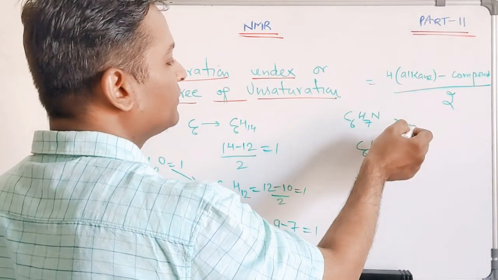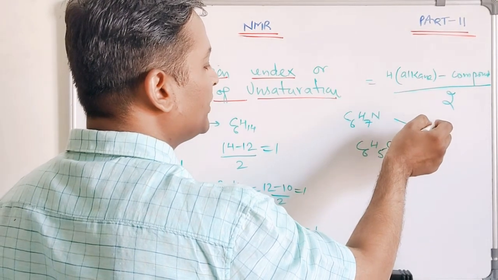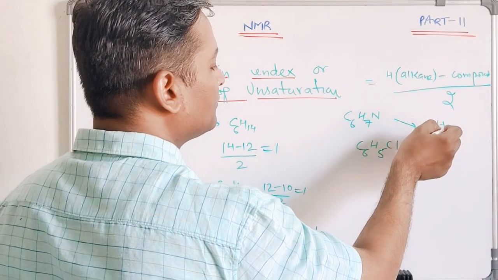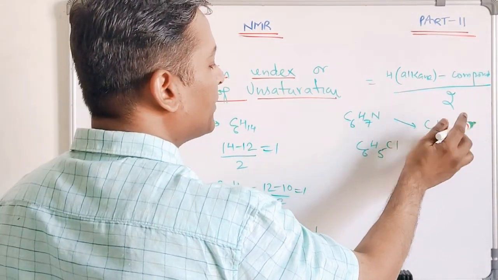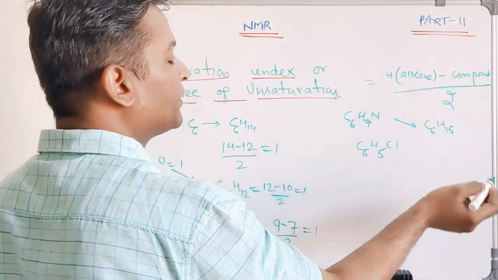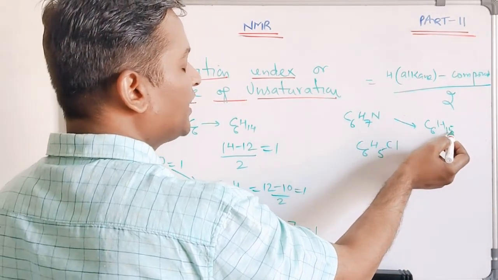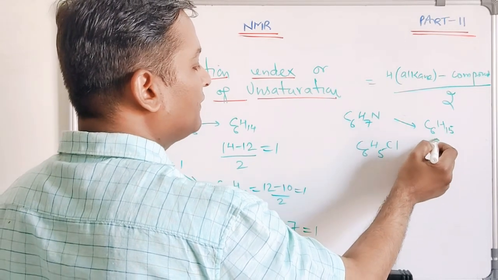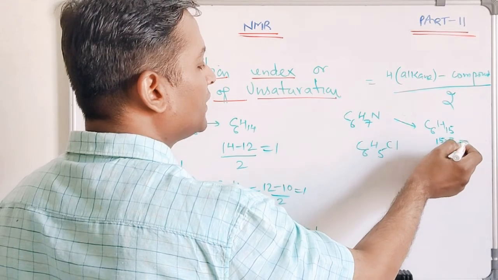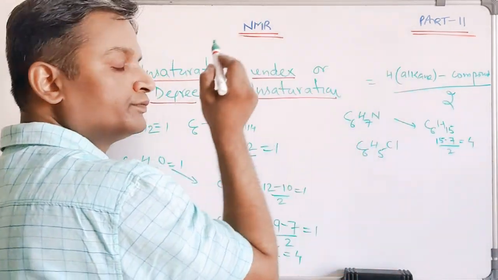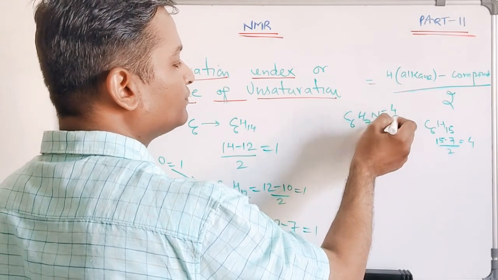See this compound, it contains C6, and the corresponding alkane H should be H14. It contains nitrogen, so increase hydrogen by 1, it becomes 15. 15 minus 7 divided by 2 is equal to 4. So the unsaturation index of this compound is equal to 4.